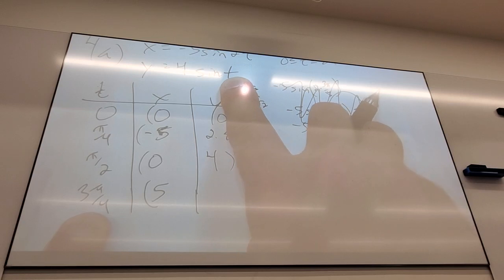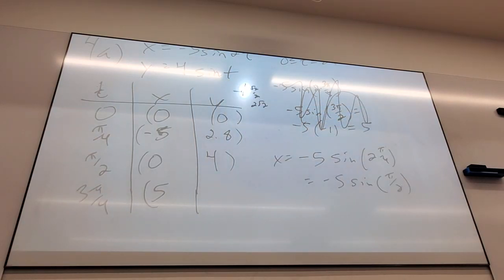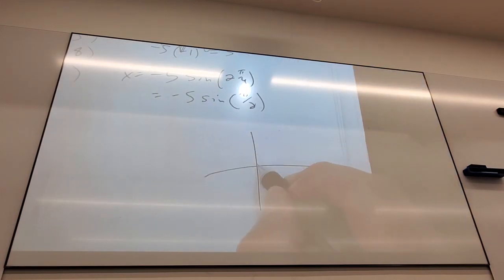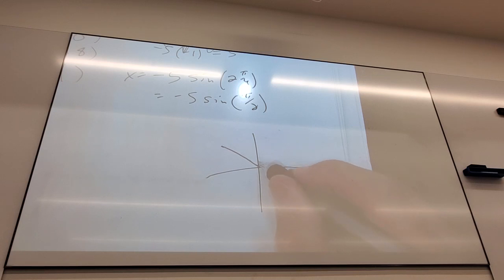What quadrant am I in? When I say sine of 3 pi over 4, what should be happening in your head is you know you're here. What do you know sine is? Sine negative or positive? Positive.